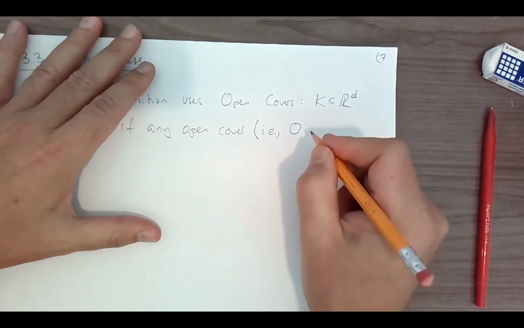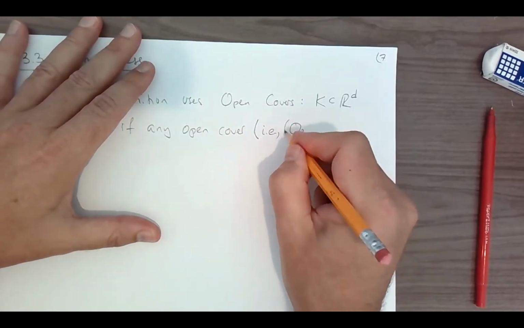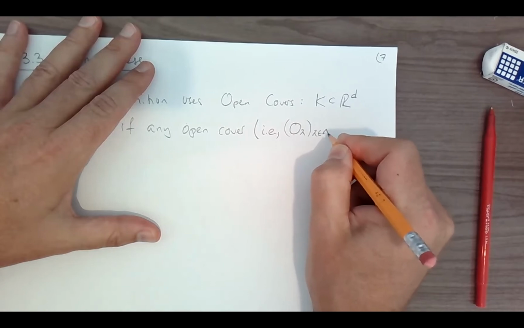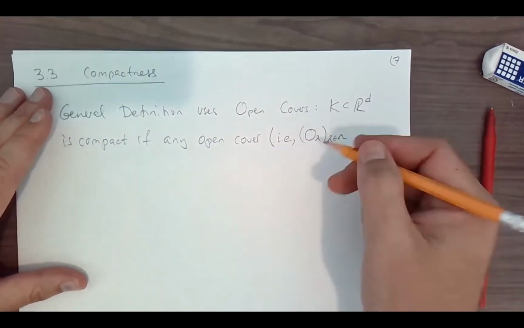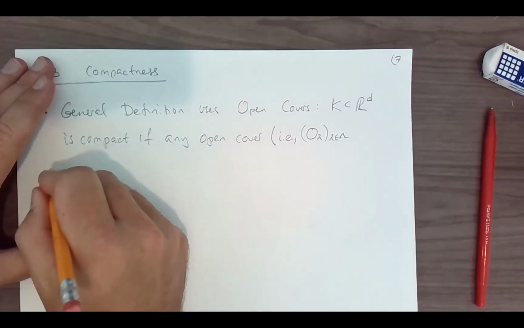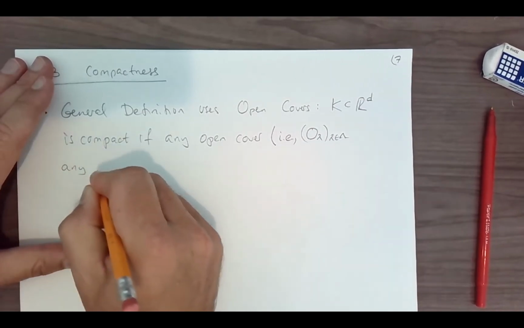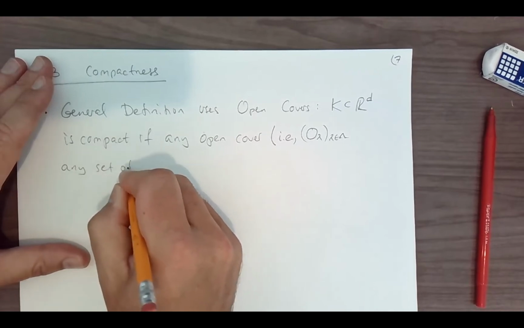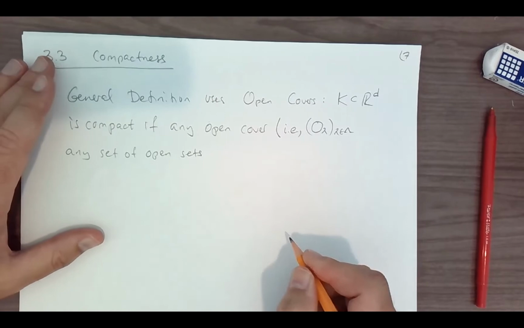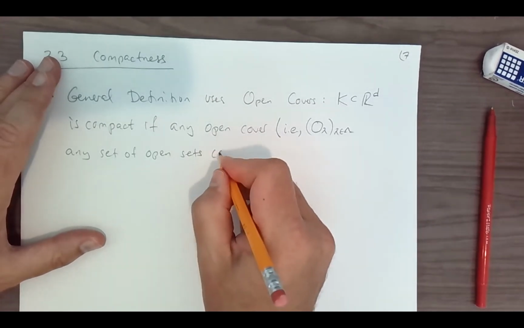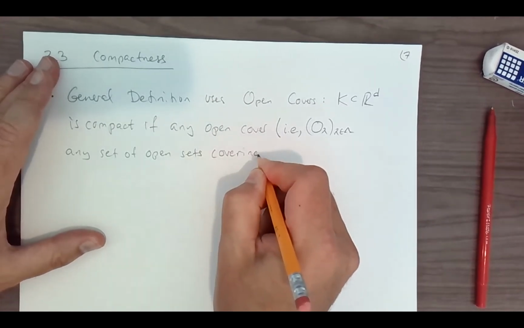It's called O, and then we index them by lambda, as we've done before. So any collection, any set of open sets, covering K.